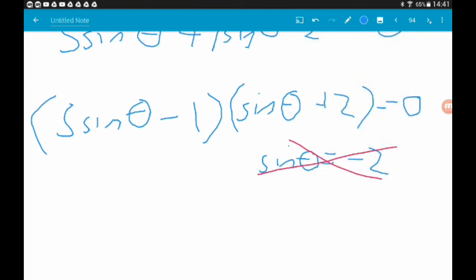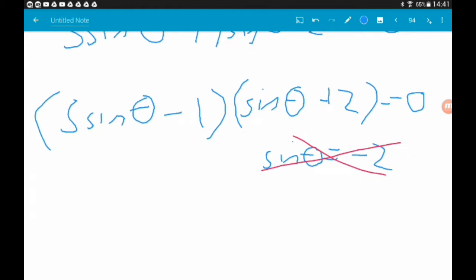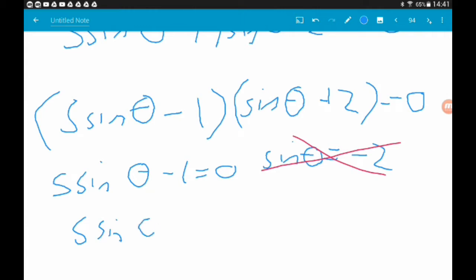So the left hand bracket, 5 sine theta minus 1. Remember what we're doing inside of each bracket, we're setting that equal to 0. And then in this case, we would solve for sine theta. So 5 sine theta minus 1 is equal to 0. 5 sine theta is equal to 1.